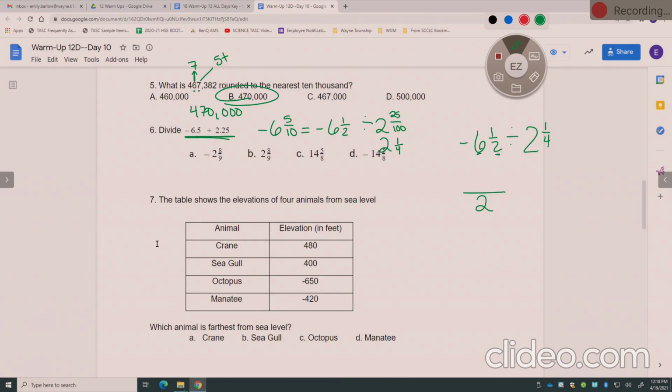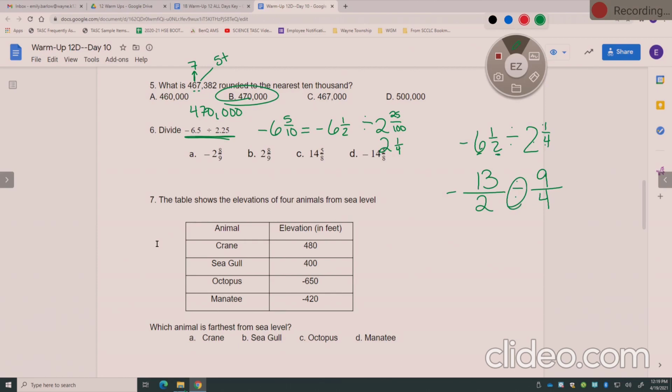So 6 times 2 is 12, plus my old numerator, which is 1. So 12 plus 1 gives me my new numerator, 13. And I need to keep my negative sign. Same thing, my denominator stays the same. 2 times 4 is 8, plus 1 is 9. So now I'm at negative 13 over 2 divided by 9/4.